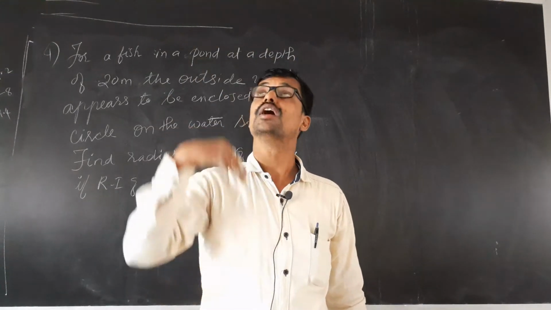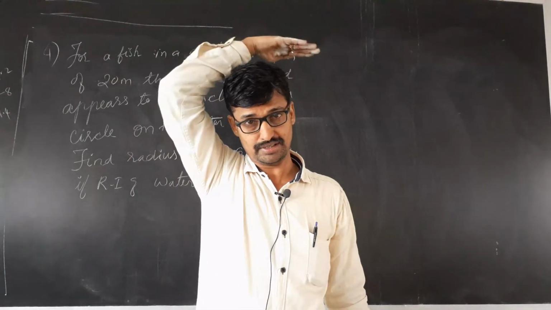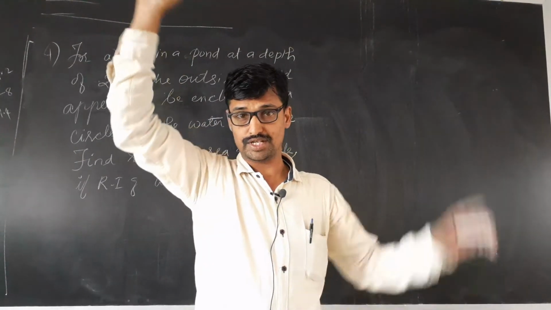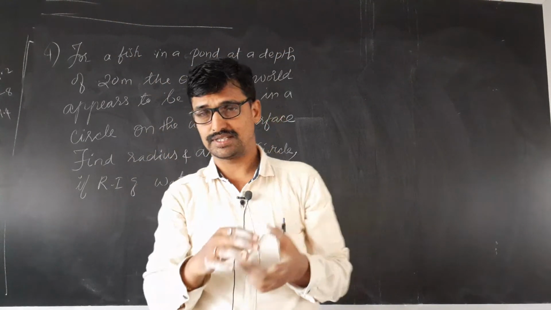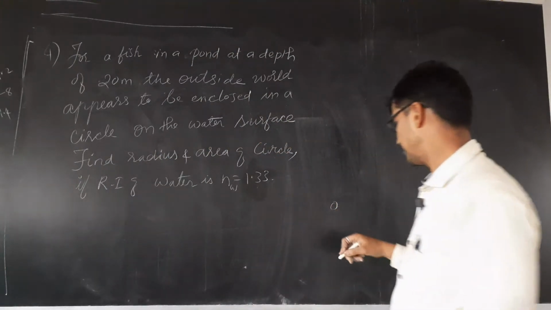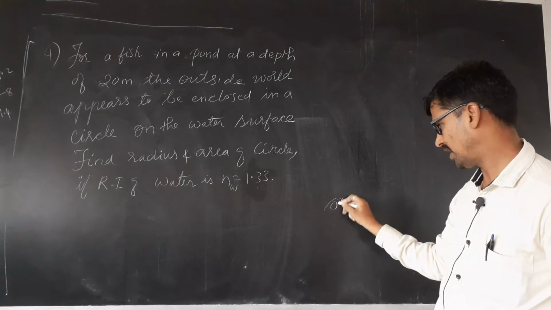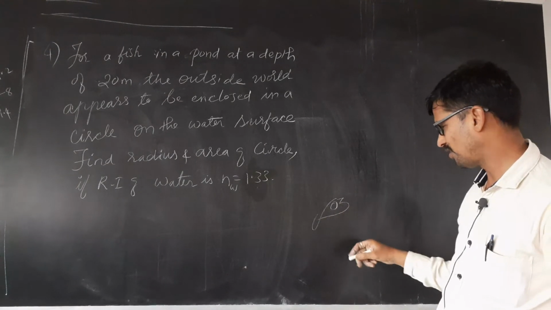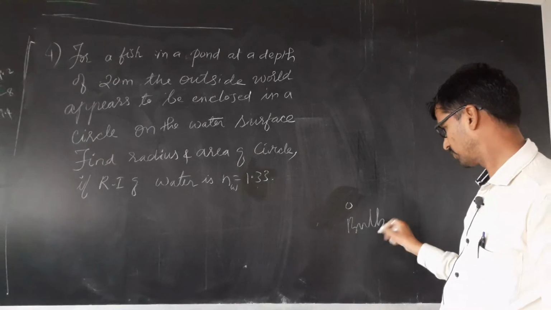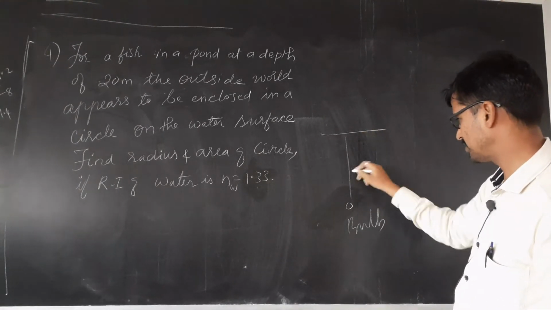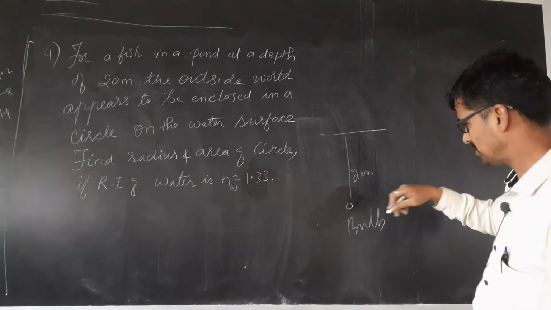Suppose I am the fish, above me water is there all the way. The outside world appears to be present within that circle. Why? Very simple explanation here. This is the fish eye. Instead of fish, if you imagine a bulb at a depth of 20 meters, see what happens.